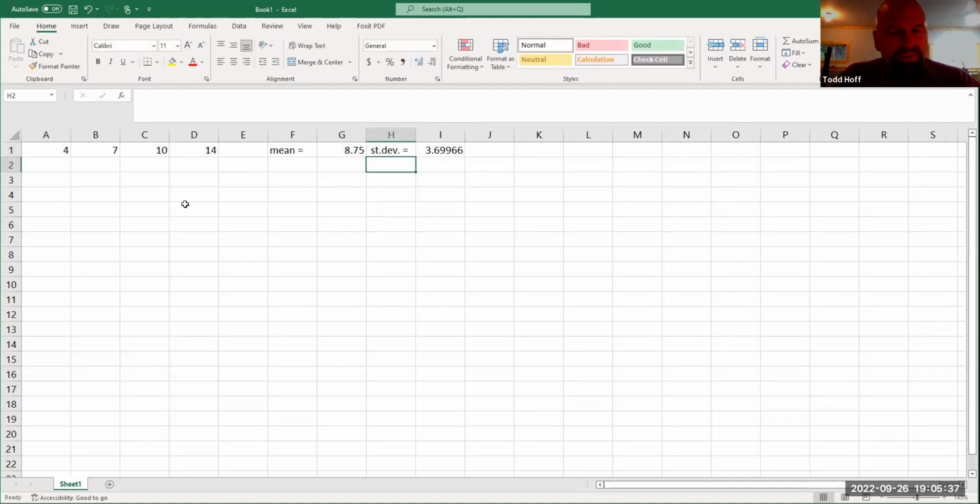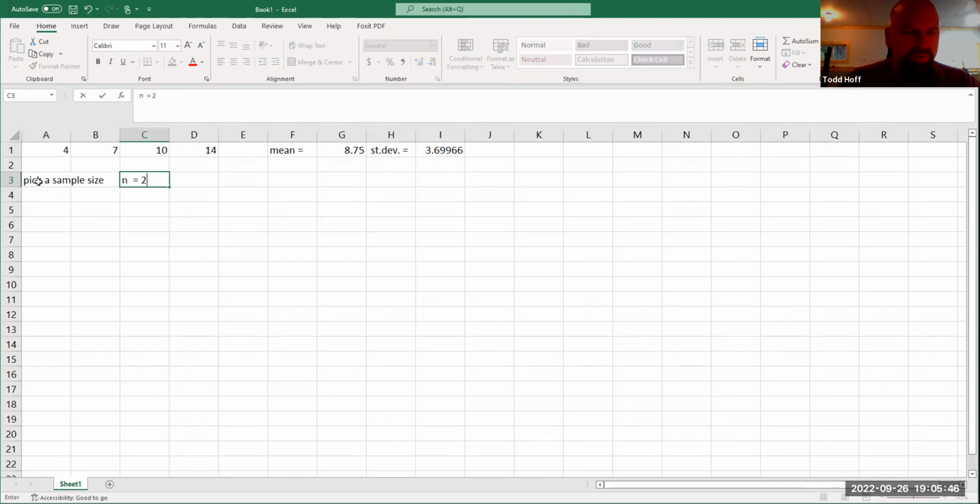There's the standard deviation. And now we're going to pick a size. For our purposes, it's going to be n equals 2. So our sample size is 2. So now we're going to pick all possible samples of size 2, n equals 2.